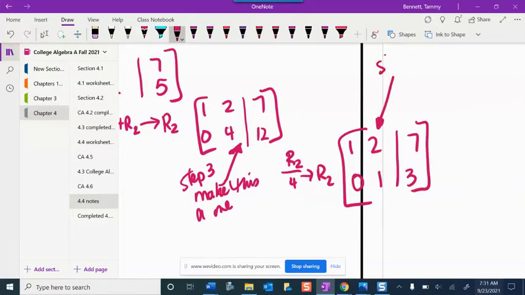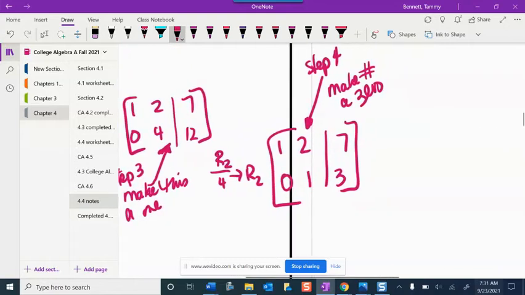Last step, step 4, make this number a 0. You're going to work with row 2, so you're going to take negative 2 times row 2, add it to row 1, becomes row 1. This number is based on what that number is. It's the opposite of it every time. So second row stays the same.